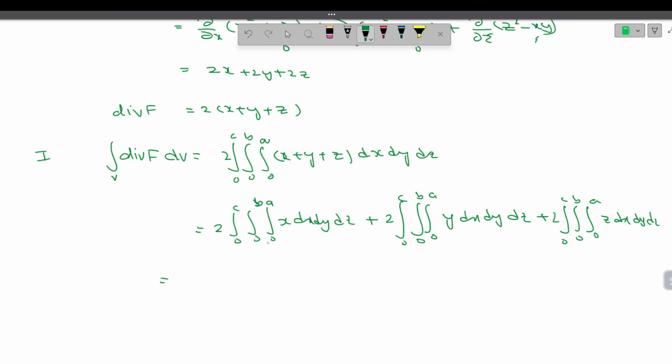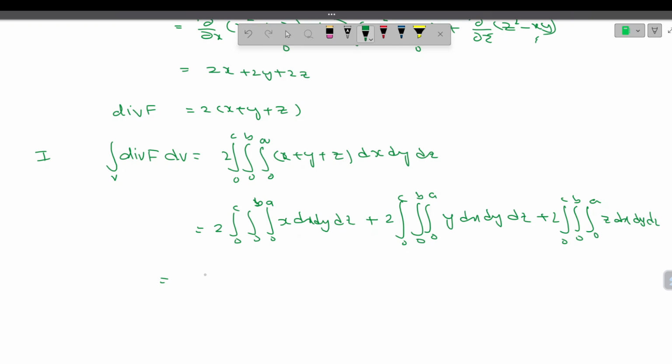Here the rule is not applicable because all the limits of integration are constant, so we can do it separately, and there is no rule that first integration should be performed by x, y or z. Any way you can do.